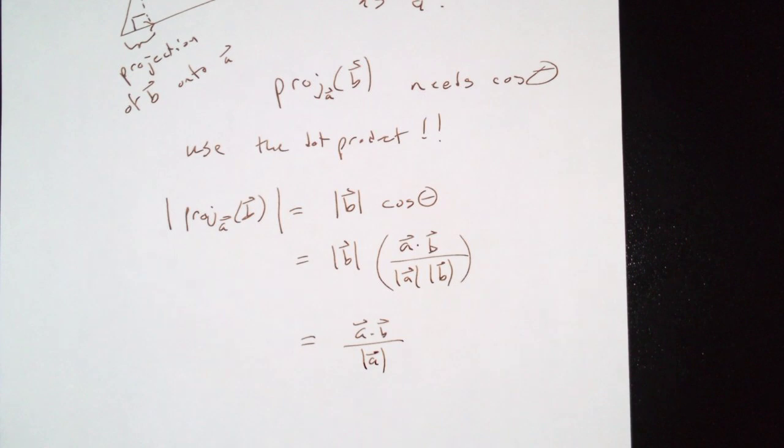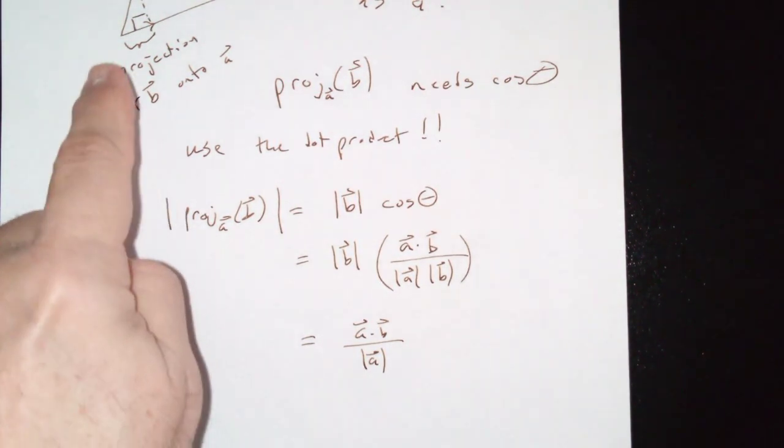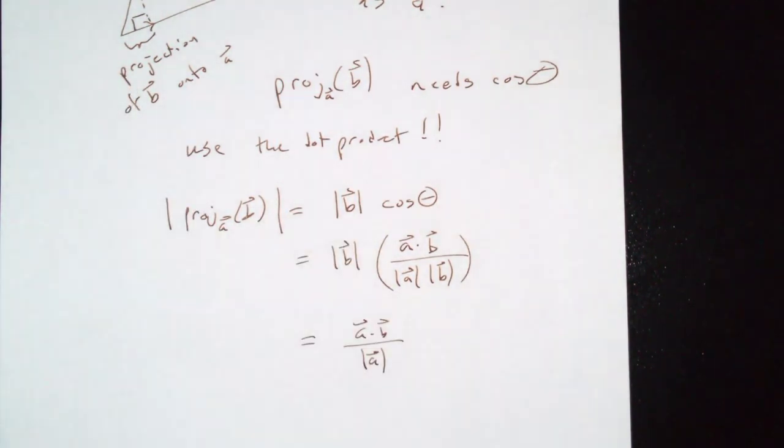Now, this is the length of that piece of the triangle right there, right? This little bit right here has a length, and that's the number we just came up with. This is sometimes called the scalar projection because it's just a number. It's also given the symbol component.